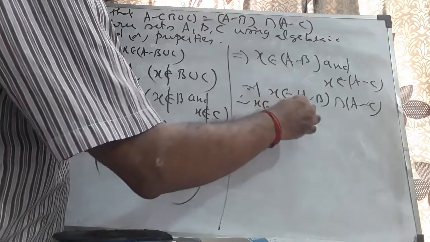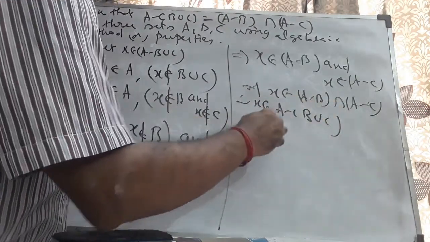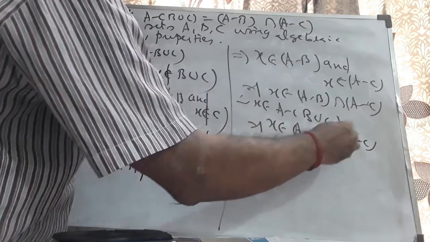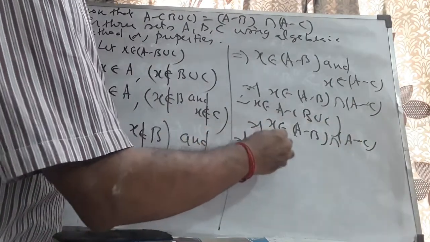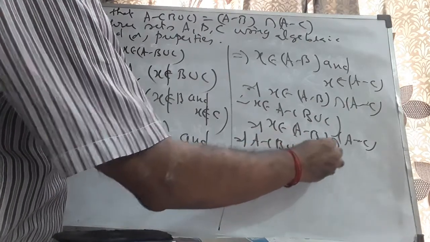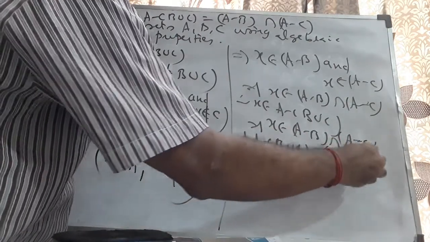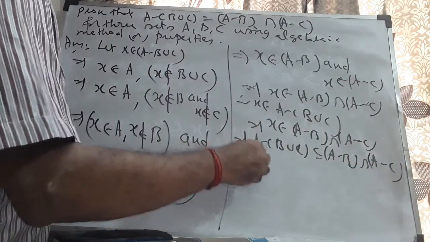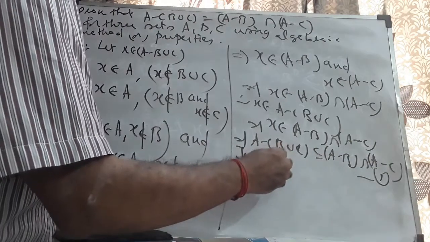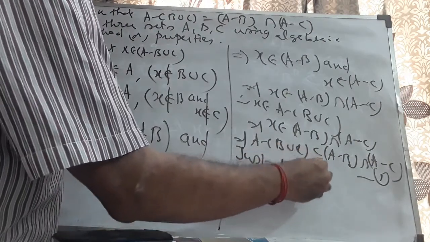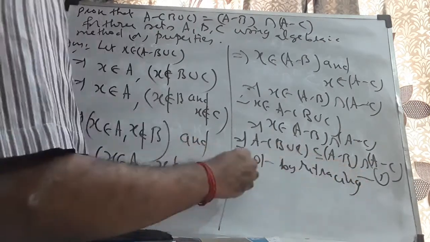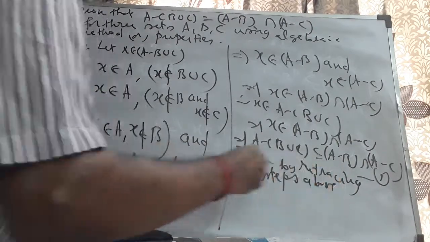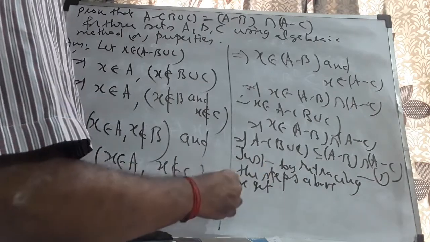Therefore, X element of A minus B union C implies X element of A minus B intersection A minus C, implies A minus B union C is a subset of A minus B intersection A minus C. Okay, just by retracing the steps above, what do you get?